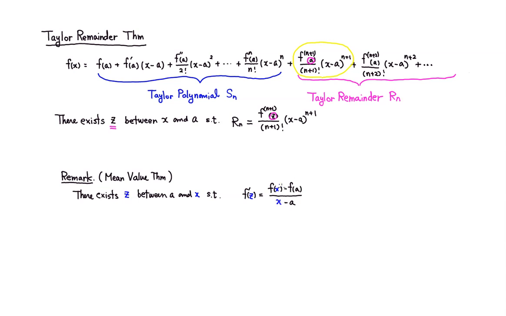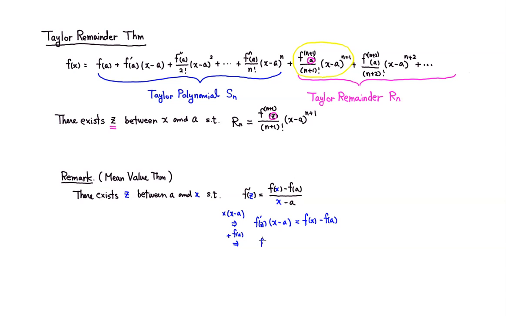Then I'm going to rewrite this a little bit. I'm going to multiply both sides by x minus a. So you have f prime of z times the quantity x minus a equal to f of x minus f of a. And if you rewrite that and solve for f of x, you can just add f of a to both sides.